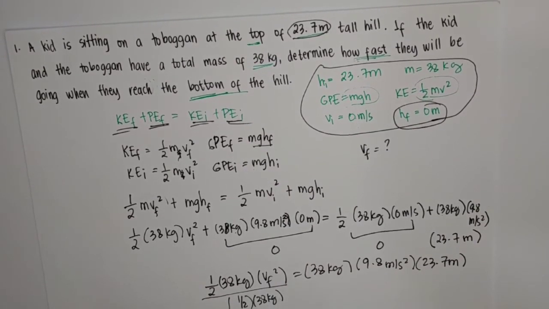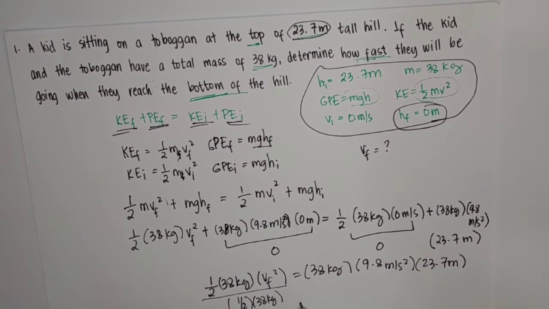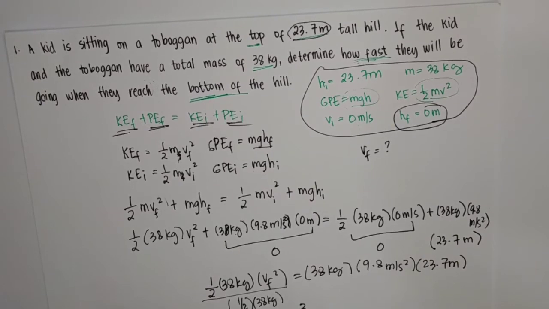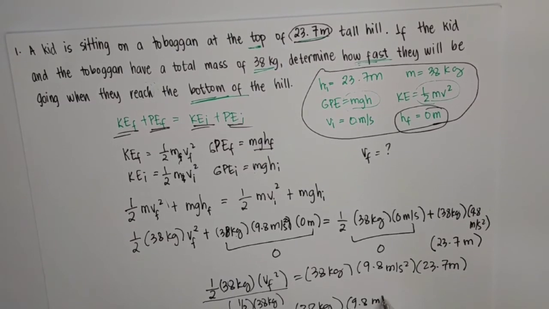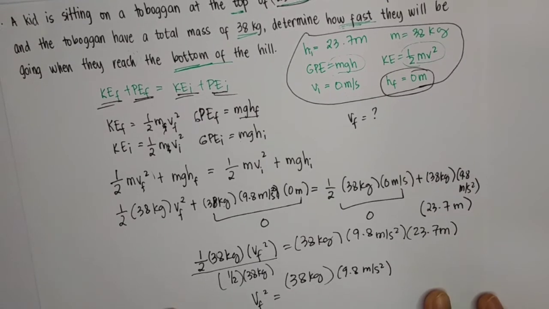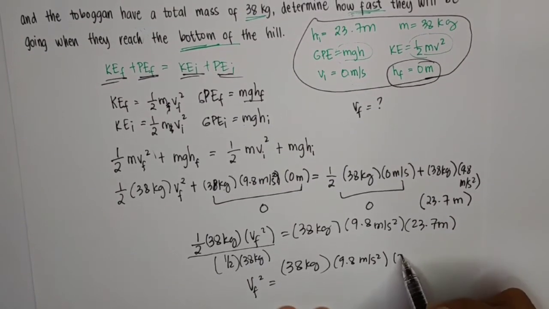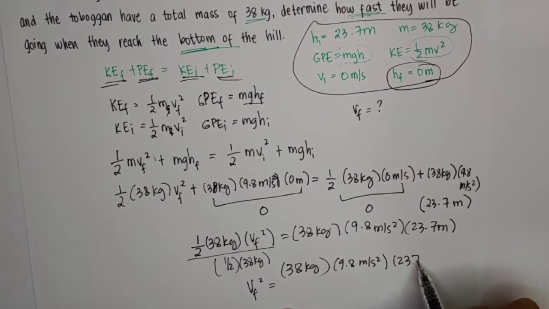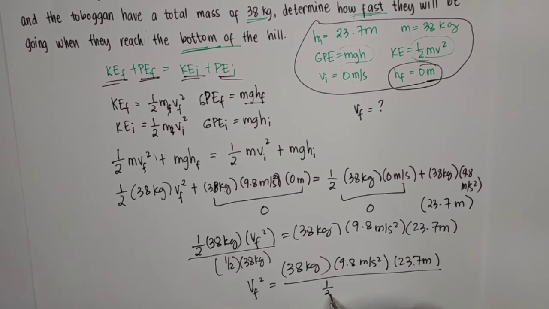So, this will be velocity final squared is equal to, okay, we can solve this one actually or pwede natin siyang i-plug in muna. 38 kilograms times 9.8 meters per second squared times 23.7 meters all over 1/2 times 38 kilograms.